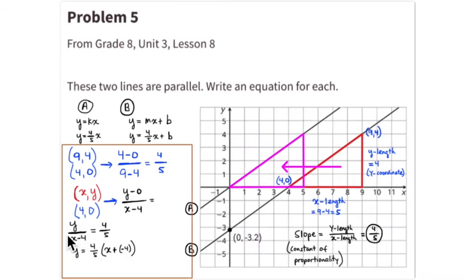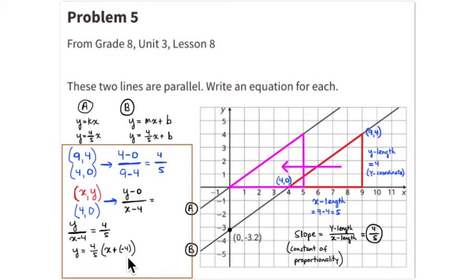All right, so that's the slope, and so we can set that equal to the known slope, which is 4/5. And so what that's saying is this length y is 4/5 of this length along the x-axis. So it is 4/5 times x plus, and I'm going to rewrite subtracting a positive 4 as adding a negative 4. So I'm going to use the inverse operation and the additive inverse.